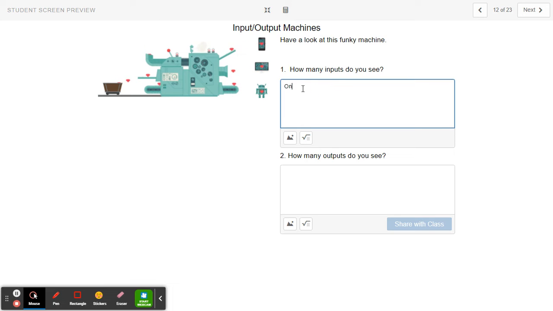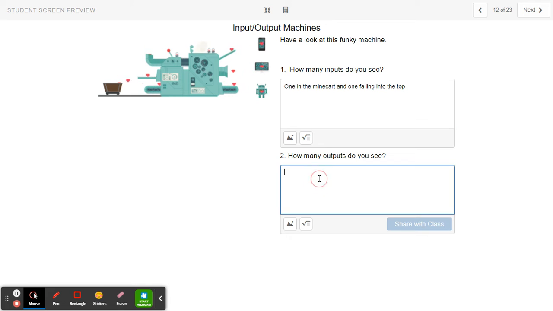So there's one in the minecart and one falling into the top. See that kind of diamond falling in there. Okay. How many outputs? Well, if you look, let's just say there's 3.